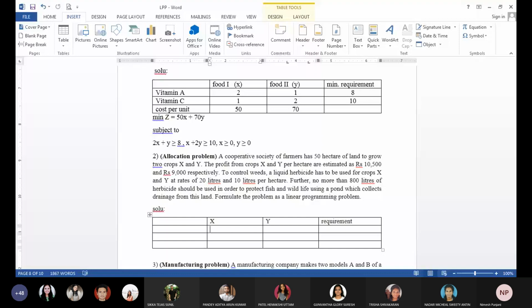So this is your profit. To control weeds a liquid herbicide has to be used for crops X and Y. Sorry, that is not the rate, that is the quantity. 20 liters per hectare of X is required, 10 liters per hectare of Y is required. No more than 800 liters of herbicides should be used in order to protect fish and wildlife.